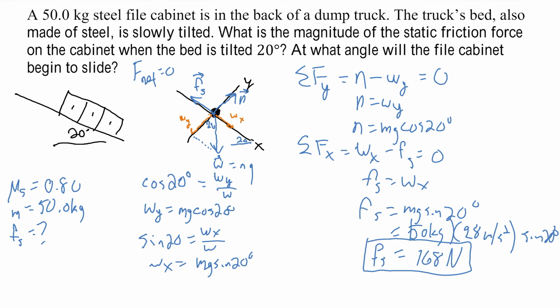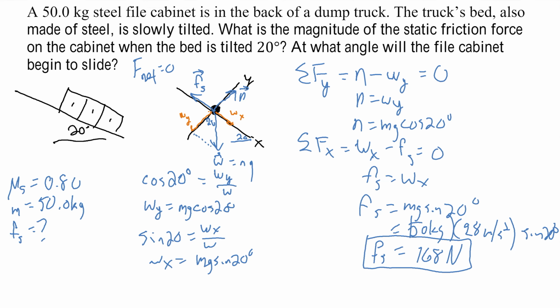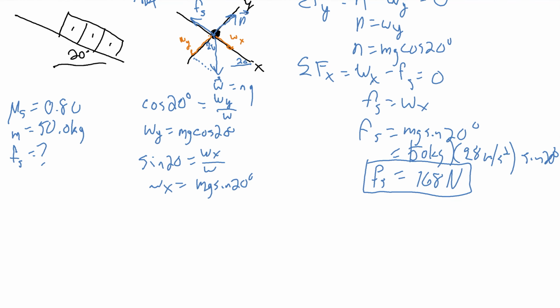So F sub s max is mu sub s times the normal force, but the normal force is mg cosine 20 degrees.